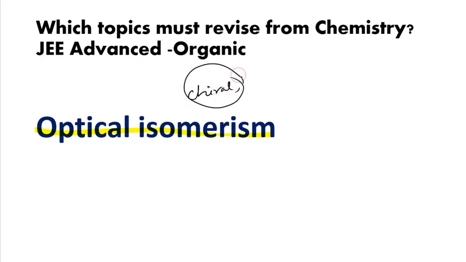They may give questions on how many chiral centers are present in the given organic compound, and also you may be asked questions on the number of stereoisomers. Okay, and whether the given organic compound is optically active or not? So these kinds of questions are frequently asked in JEE Advanced chemistry. Okay, so just focus on them for revision purposes.